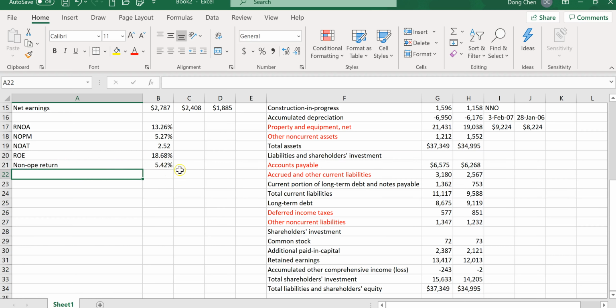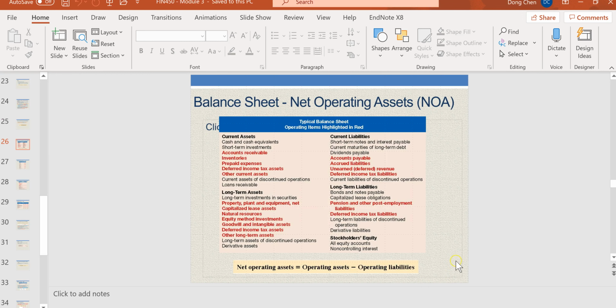This return basically comes from, if we go back to this table here, the non-operating assets and the non-operating liabilities.